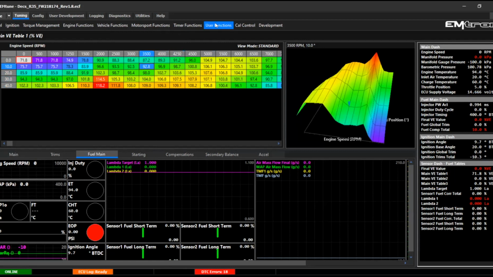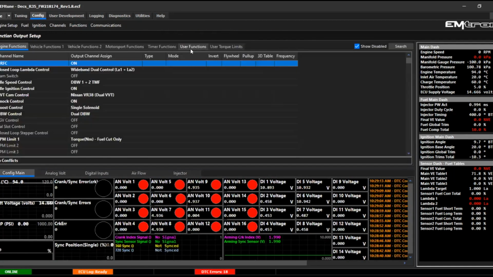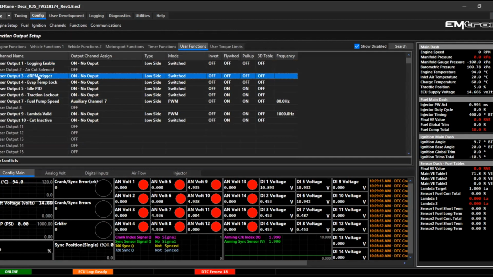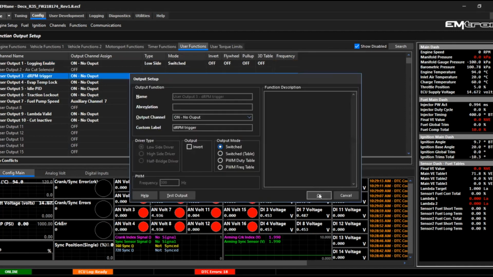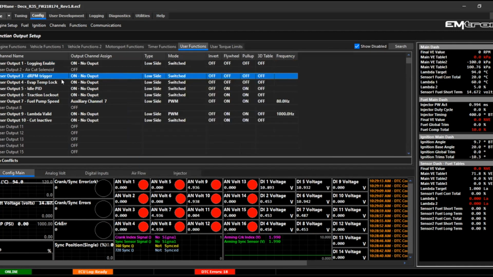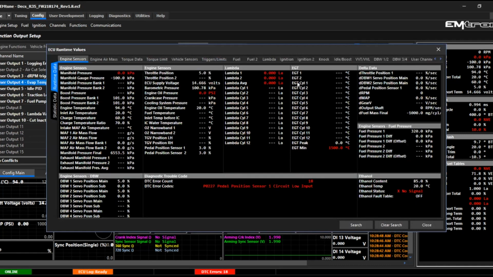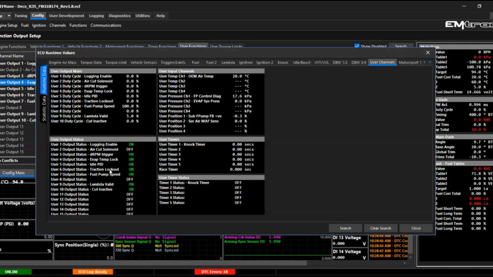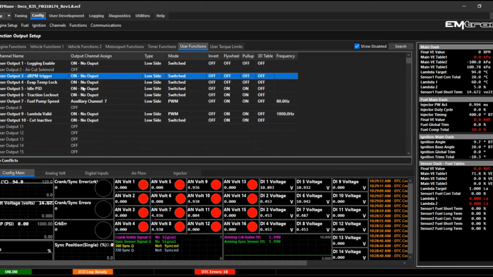We've added user labels, now globally visible throughout the software. If you go into user functions and specify some sort of user output label, it's now visible pretty much everywhere. You can see it in your F3 window, in the logger, and in the menus.